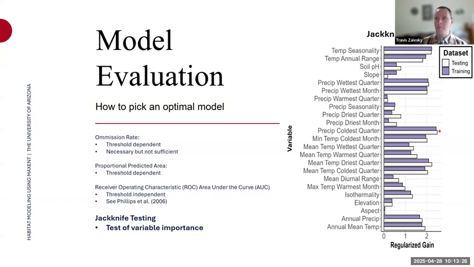Then, by comparing all of these models, you can get an idea of which variables are most important and which might be superfluous. In my example, precipitation of the coldest quarter was identified as the most important single variable, while some other variables like slope and aspect were not particularly informative by themselves.